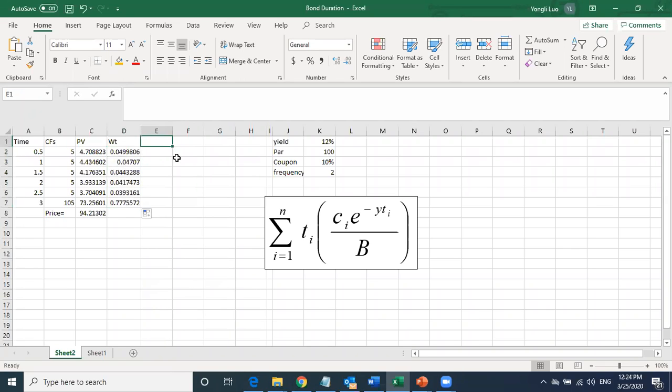And then you're using the time, which is time times the weight. Okay, you sum them up, that's gonna be your duration. So using the weight times your time, all the way down.